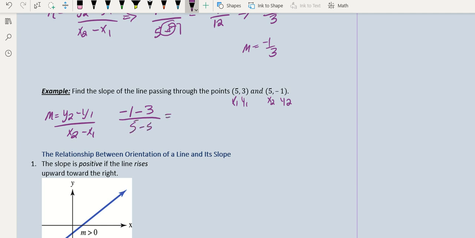Well, in this case, I end up with -4 over 0. And since I have 0 in the denominator, our slope is going to be undefined. We just talked about it a minute ago that if we have an undefined slope, and we were really looking for an equation of that, then it would be a vertical line.